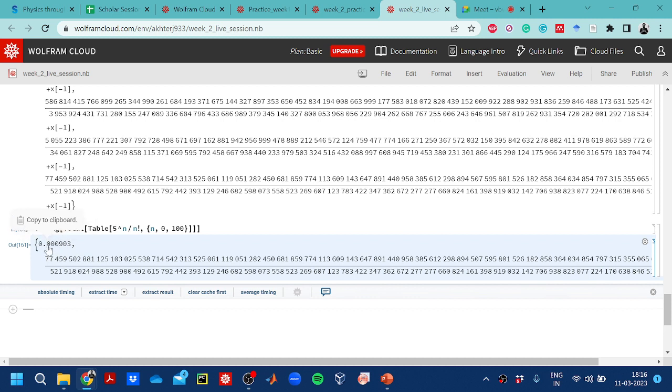So now it is taking this amount of time, and the exponential 5 will give us this value.